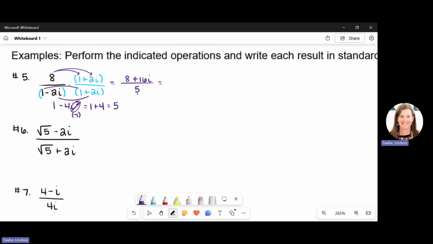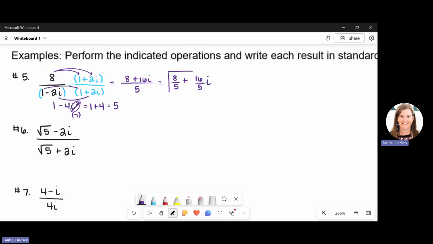We're uncombining like terms, like fractions, if that makes sense. So we're going to have 8 fifths plus 16 fifths i, and it's okay to have 16i over 5 or 16 fifths i. It doesn't matter. Both of these fractions are fully simplified.